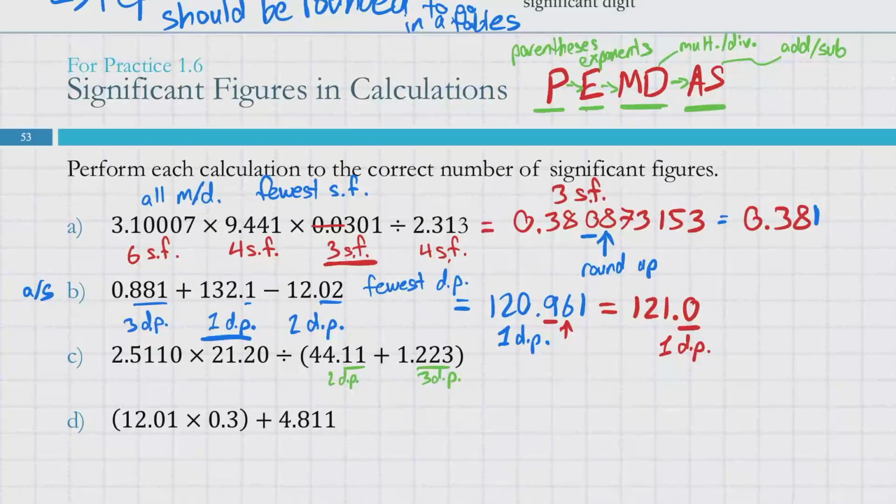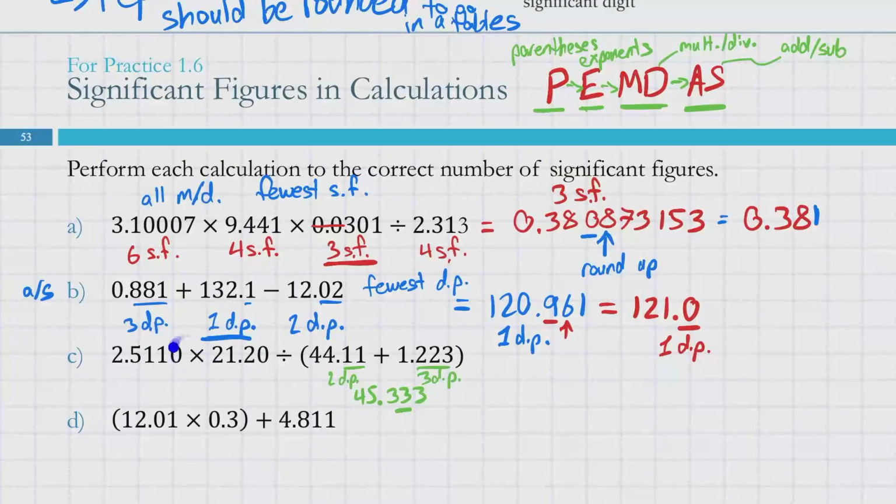So before we do the rest of it, we are going to do 44.11 plus 1.223. We'll get an intermediate answer. 45.333. With 2 decimal places, that means our middle 3 is our last significant figure.